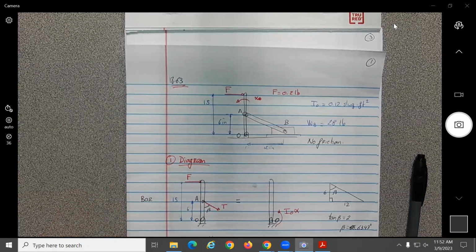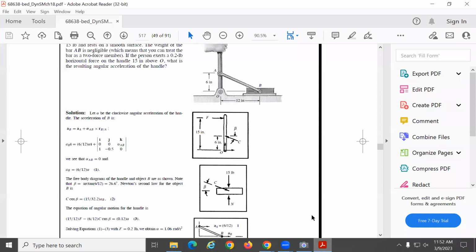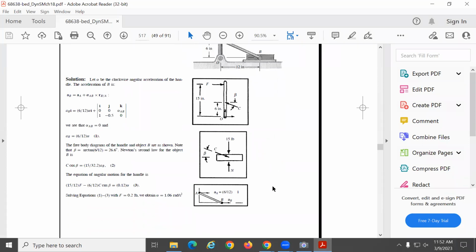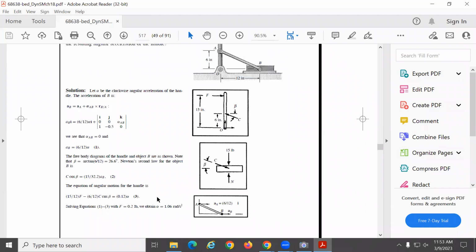If we were to solve this, would we need to convert the slugs to pounds so that we have the same terms on the bottom? Yeah, those units are always a nightmare. So let's see what they did here since slugs. Basically they give you the slug so that maybe you don't have to divide the M by 32.2.